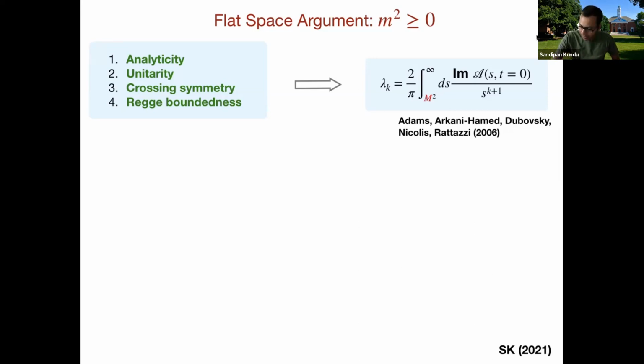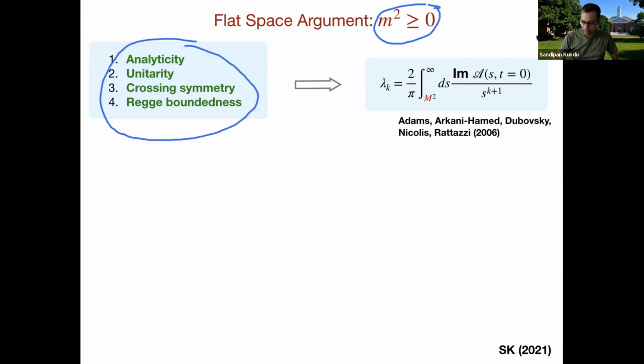So let's take now that the mass squared is non-negative, so it can be zero or positive. And again, make the standard assumptions about analyticity, unitarity, crossing, and Regge boundedness. From Adams et al., I can write down the dispersion relation for these lambda coupling constants.